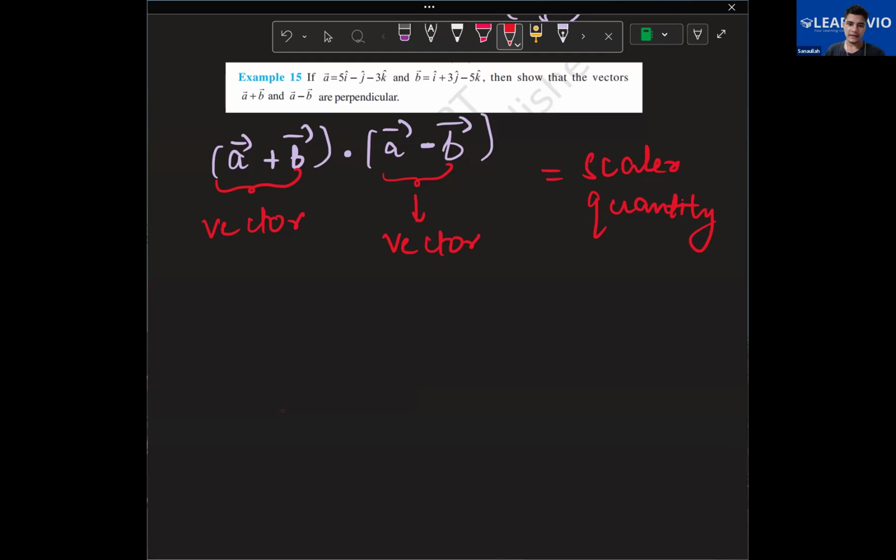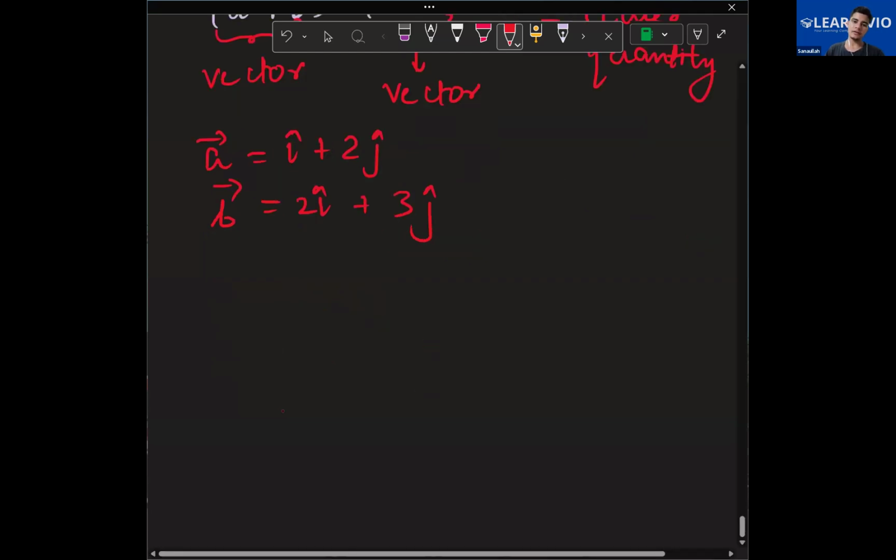Let's say I have a vector I cap plus 2 j cap, and if I have b vector, that is 2 I cap plus 3 j cap.